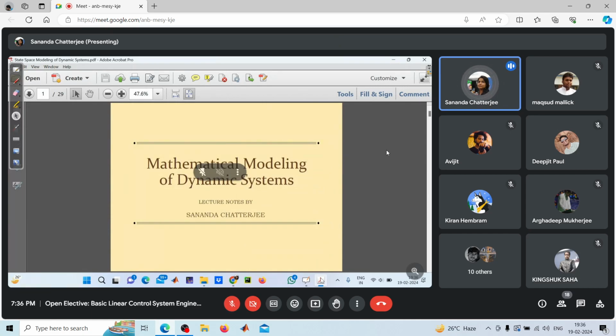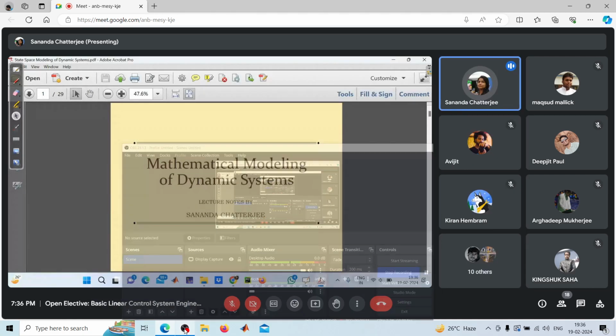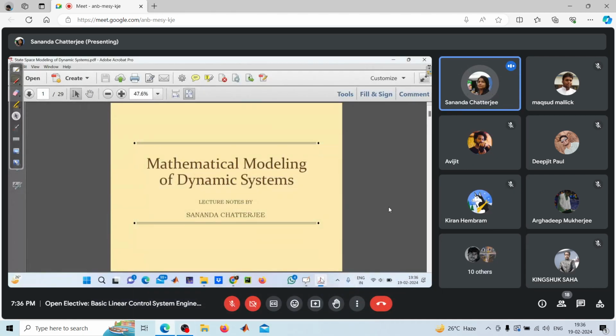I think in the last class, in part A of this course, you have studied the transfer function model. Yes, ma'am. Okay, so we will start with the state space model of a system, and we will see the relationship and what are the things we can do with the state space model.